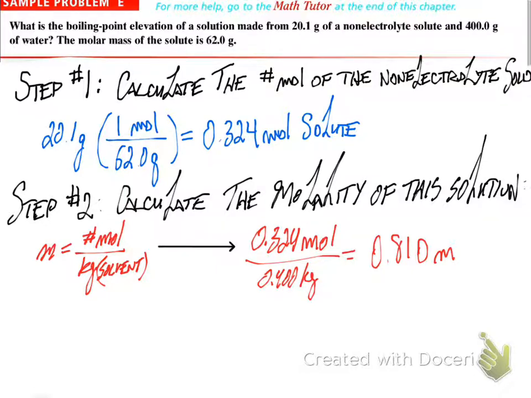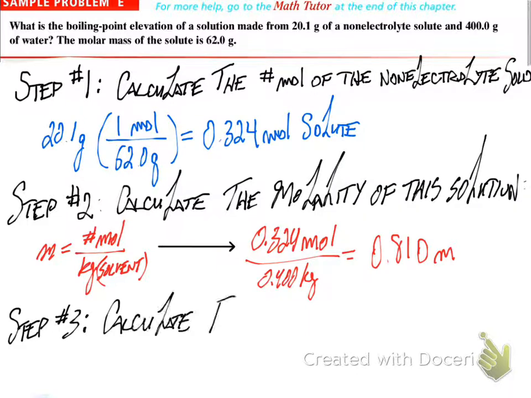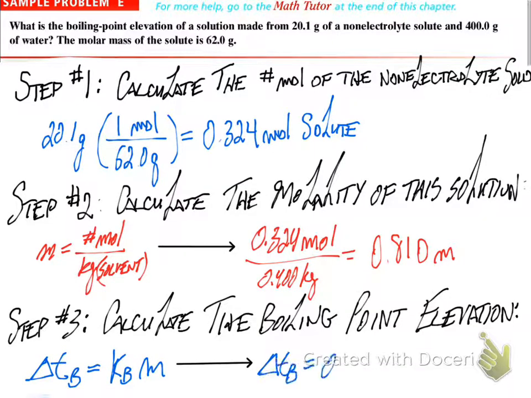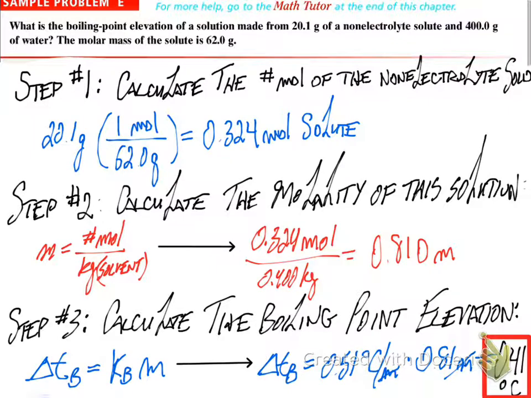Now we know the molality, and we're provided the boiling point constant. So step 3 is just simply solving the algebraic equation for the change in the boiling point elevation. Change in TB equals the boiling point constant times the molality of the solution that we calculated in step 2.